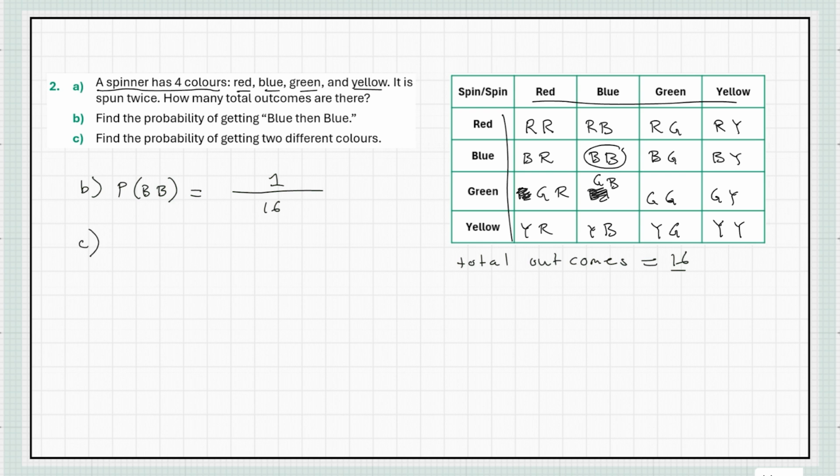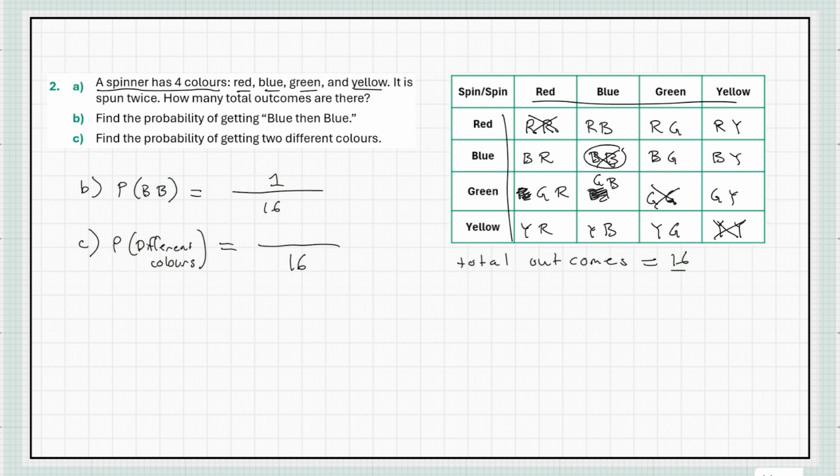Alright. Probability of getting 2 different colors. So probability of different colors. Alright, we know our total outcomes are 16. We just need to work out what our favorable outcomes here are. So if we look at where we get our same colors, we're getting 1 here, 1 here, 1 here, and 1 here.